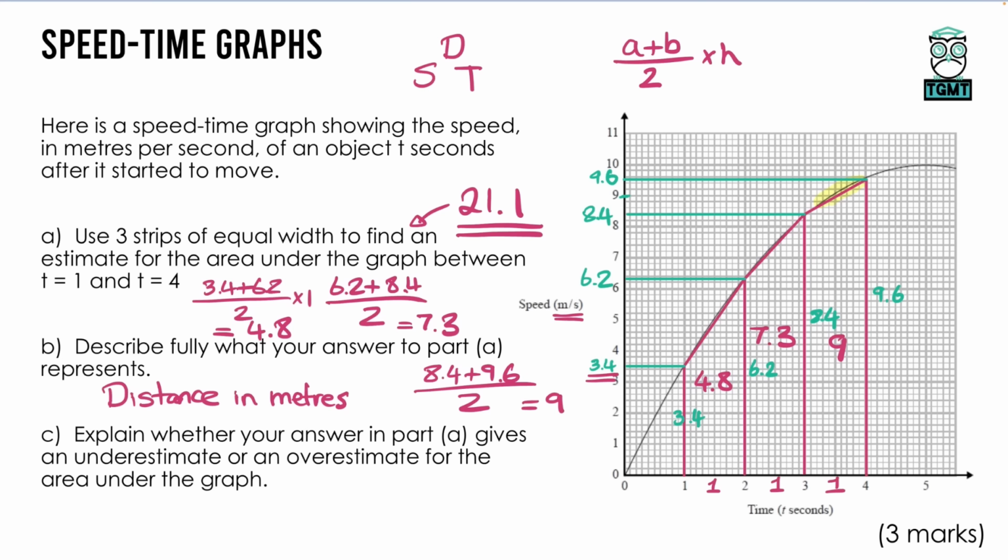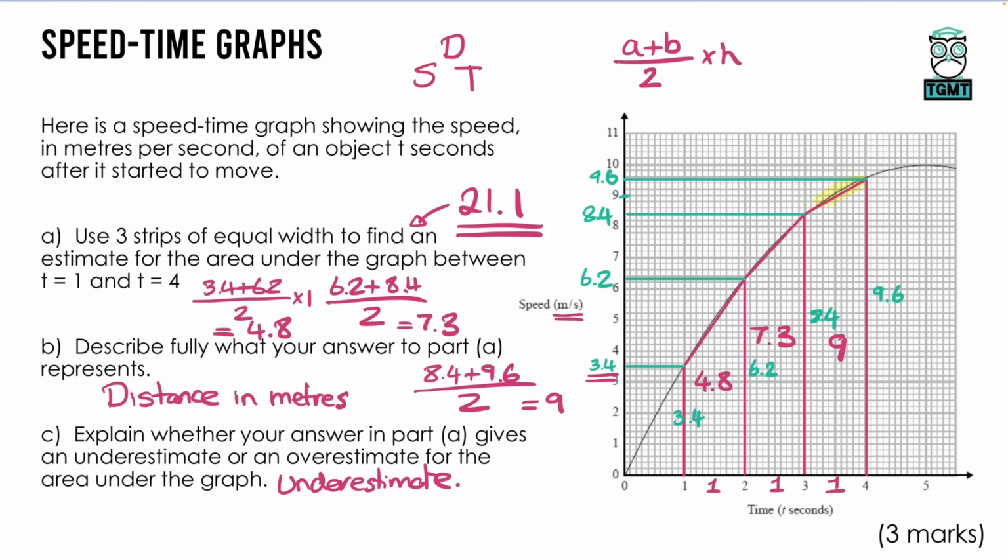So because of the way the curve is sloping in this graph, ours is an underestimate. For this particular one, you can then write that the shapes are just under the curve. So I probably would give a little bit of an explanation for that.